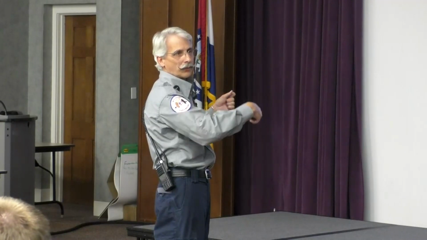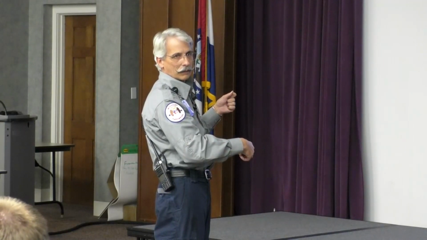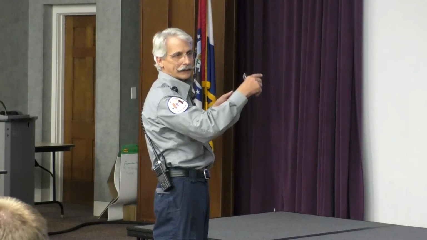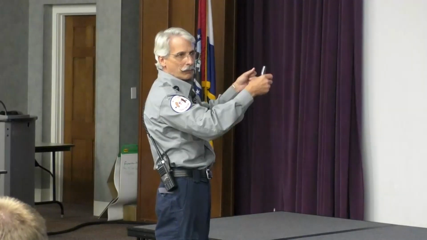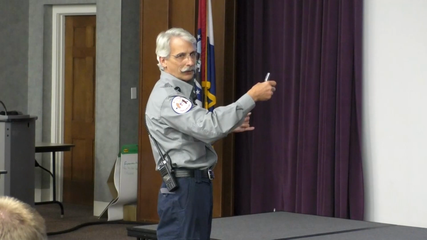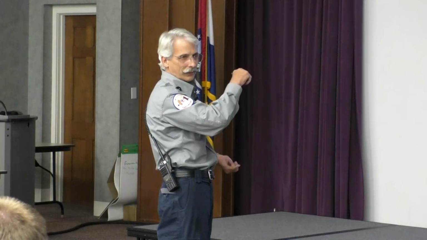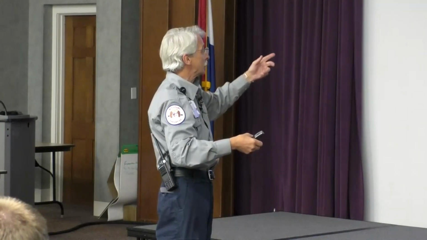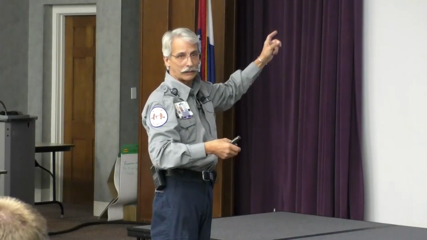And which way is the first deflection? Down. So if I move my blinker down, which way am I going to turn? Left. So this is a left bundle branch block because I'm looking at V1 to do that.